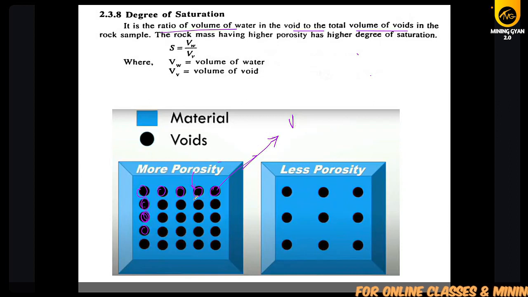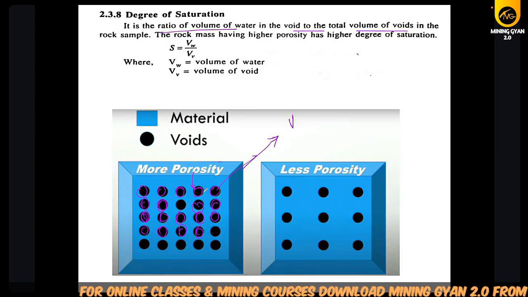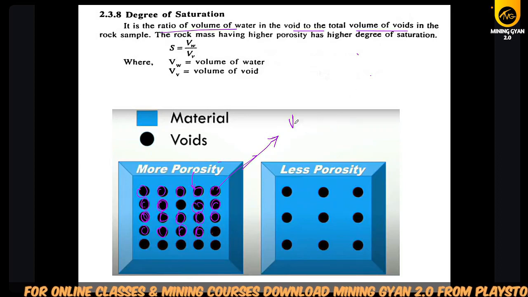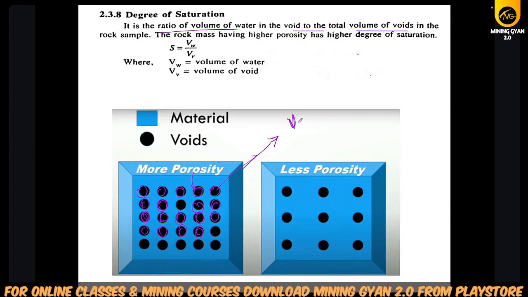Some of the holes will be empty and some of the holes will be filled with water. So we will consider those holes which are filled with water. We will take the volume of the water divided by the total volume of the void. Then we call it saturation.